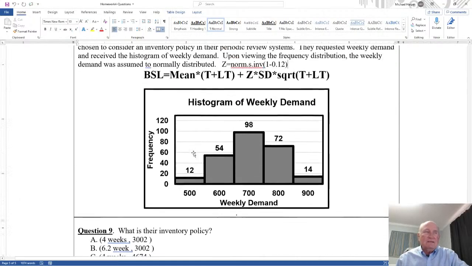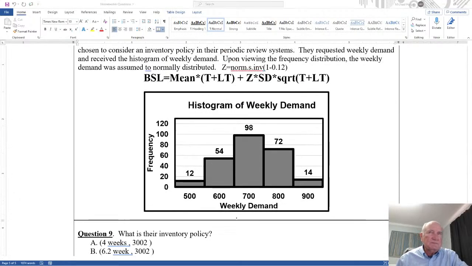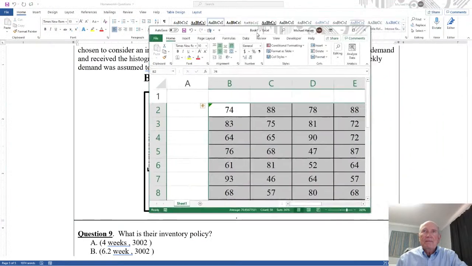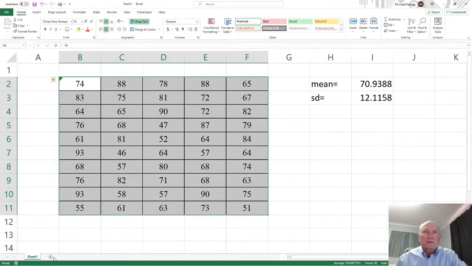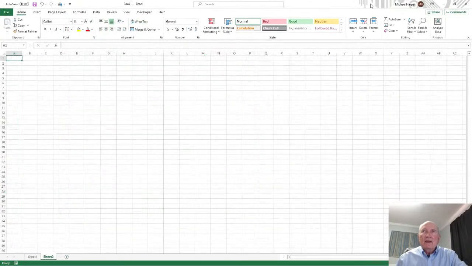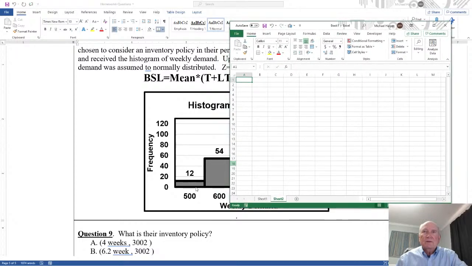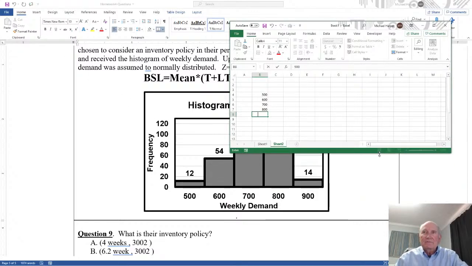So the idea, let's bring up Excel again. Let's just create a new one here. And here's the value of the weekly demand: 500, 600, 700, 800, 900. 900 is all we have.